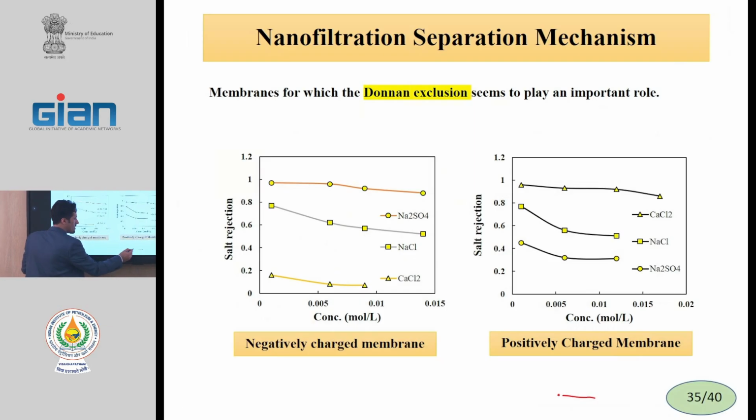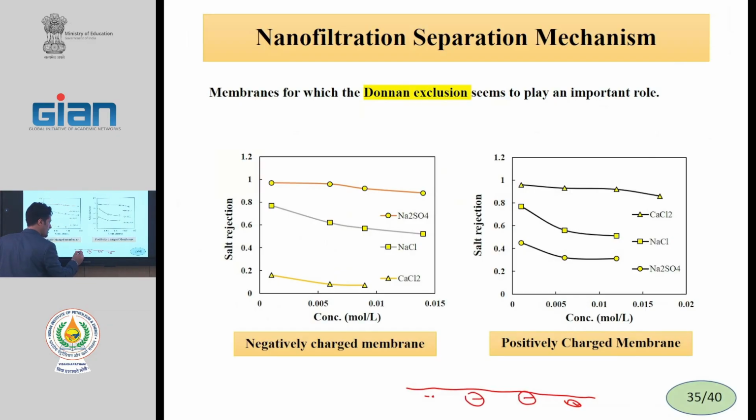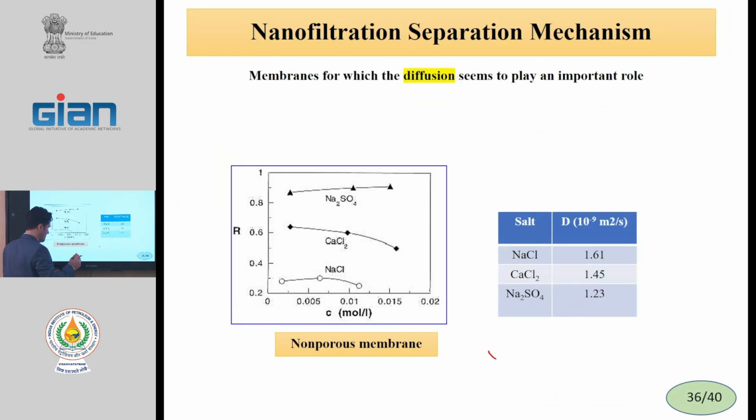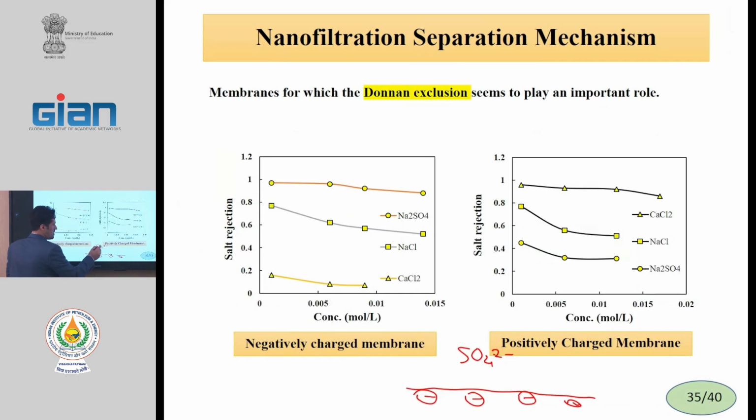The sulfate has a 2- charge. Therefore, the membrane with a negative charge rejects sulfate more.